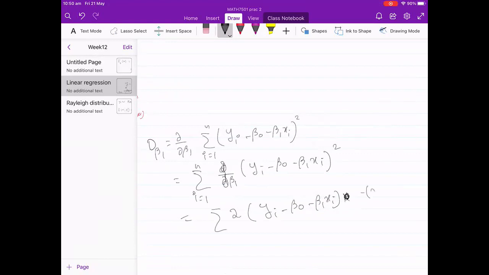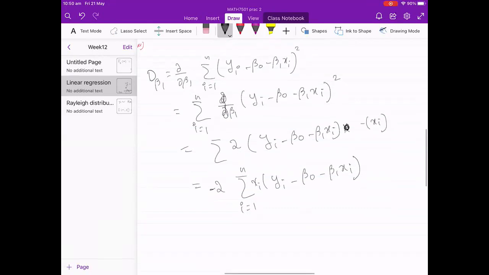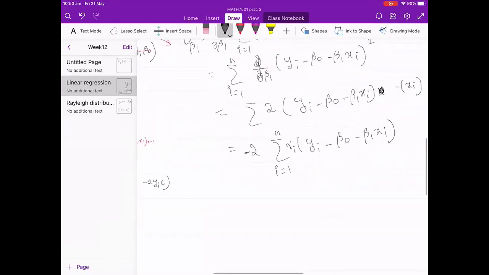So it's minus xi. That simplifies to minus 2, sum from i equals 1 to n, of xi times (yi minus beta 0 minus beta 1 xi). So that's the derivative with respect to beta 1.